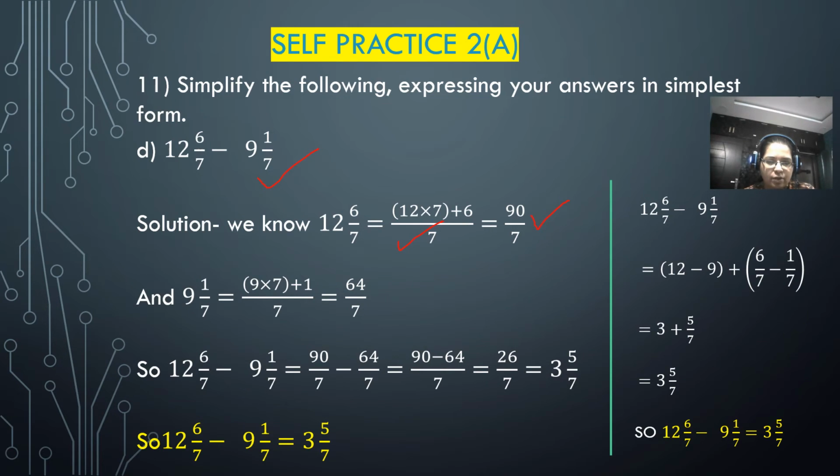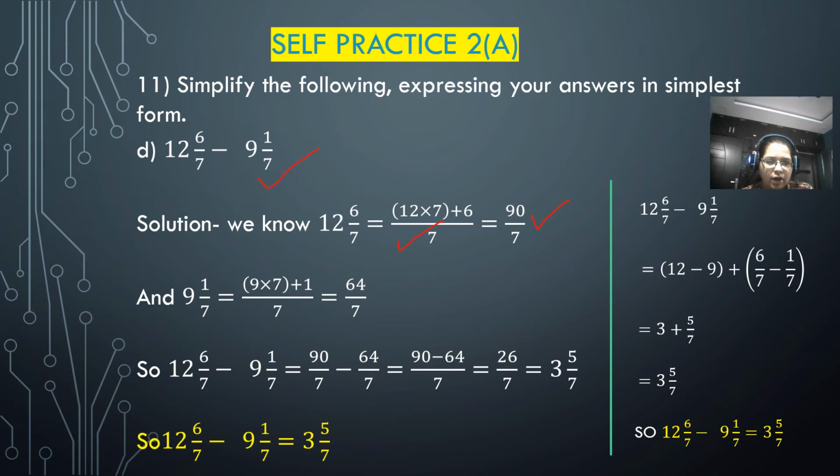90/7. So 12 6/7 is the mixed fraction, and we have to convert it into an improper fraction: multiply the denominator with the whole plus the numerator, over the denominator. So 12 6/7 equals 90/7. 90/7 is the improper fraction.